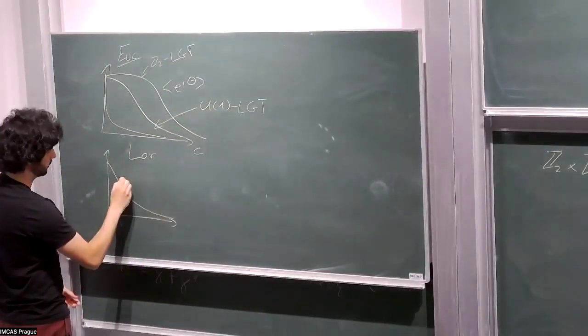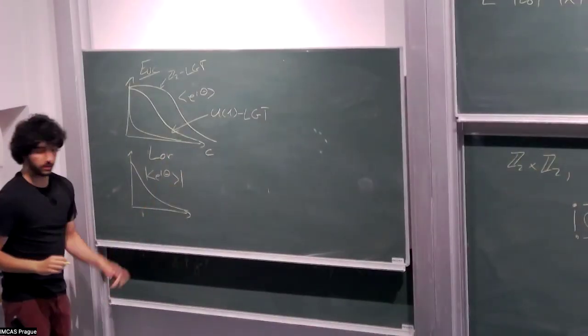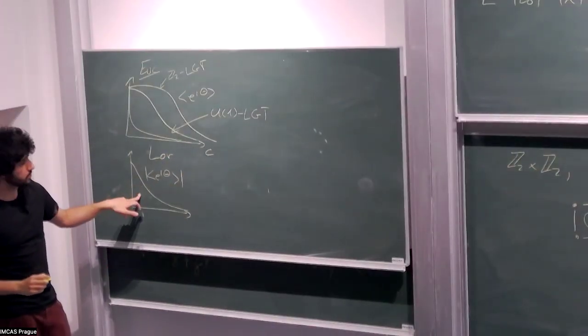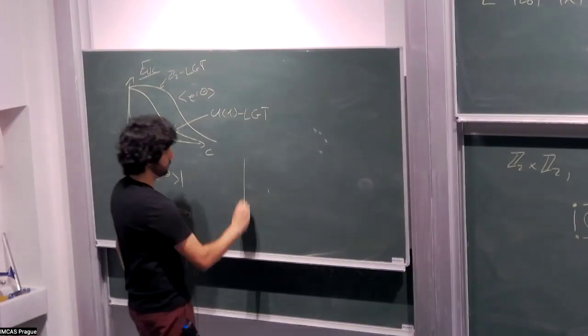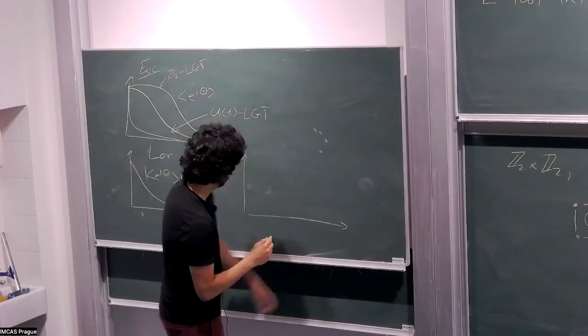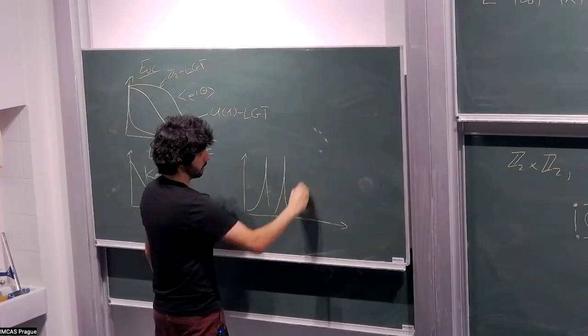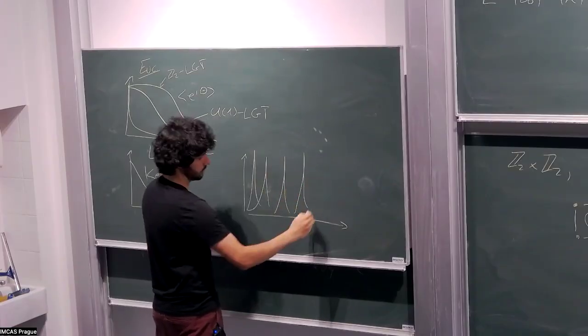It would look something like this. So the absolute value of the expectation value of the phase for the non-commutative theory. But if we try to do this for the lattice gauge theory, we would get in both cases just something that is full of divergences all over the place.